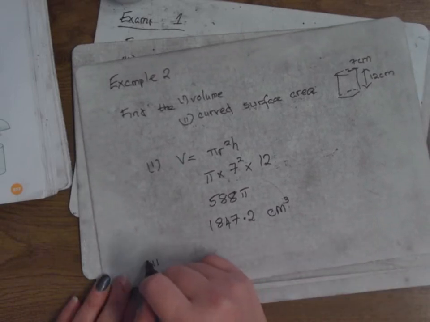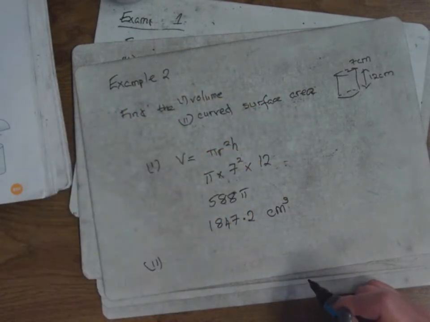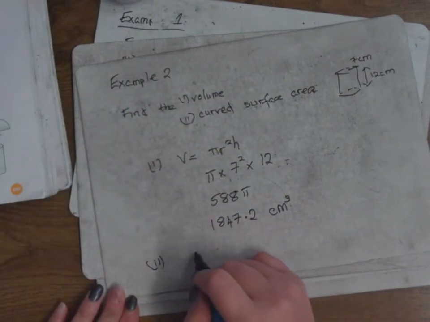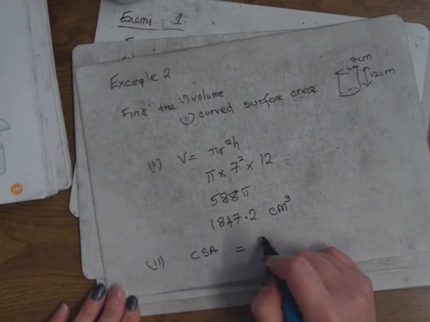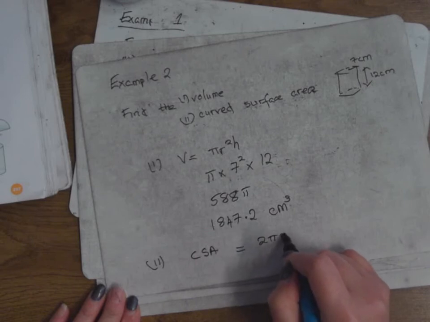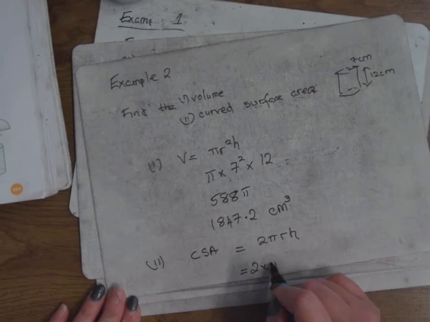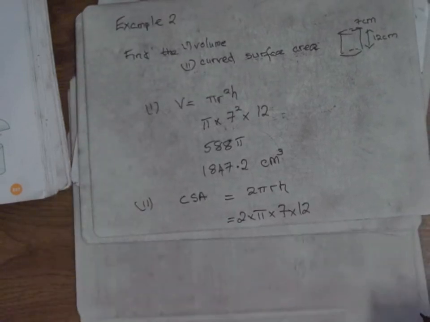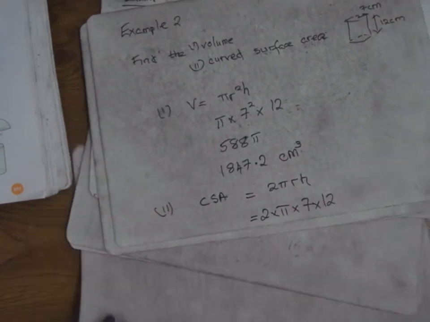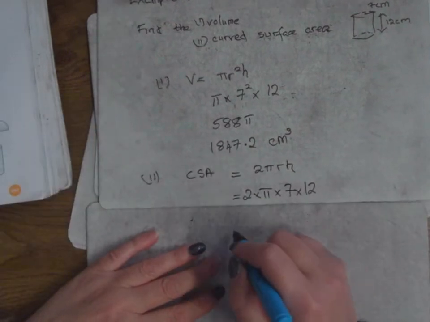And part 2, now they just asked me for the curved surface area. So the curved surface area, CSA, is 2 pi RH, the formula in the log tables. So that's 2 multiplied by pi, multiplied by 7, multiplied by 12. 168 pi, I think.